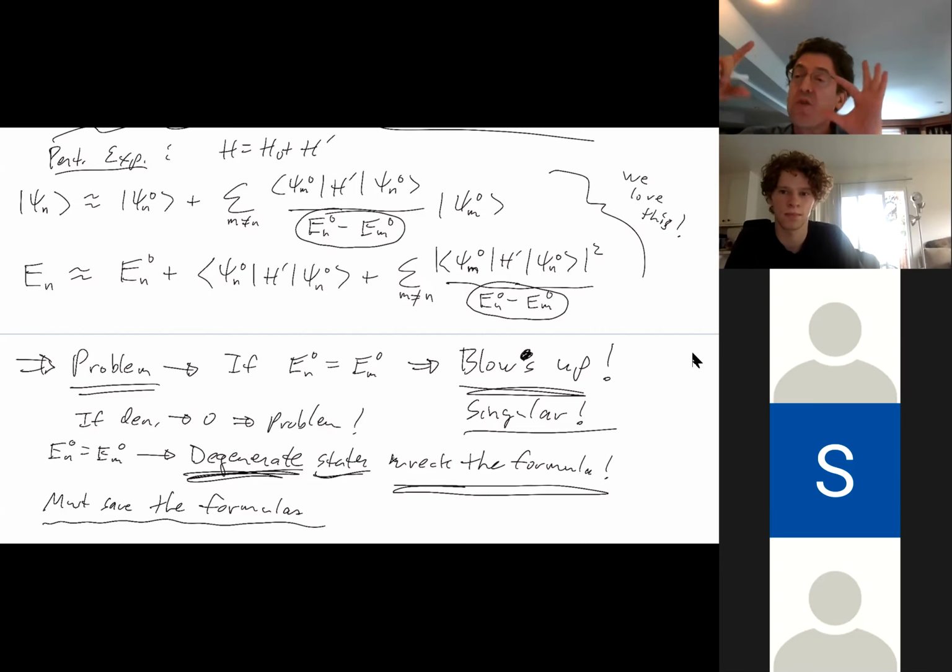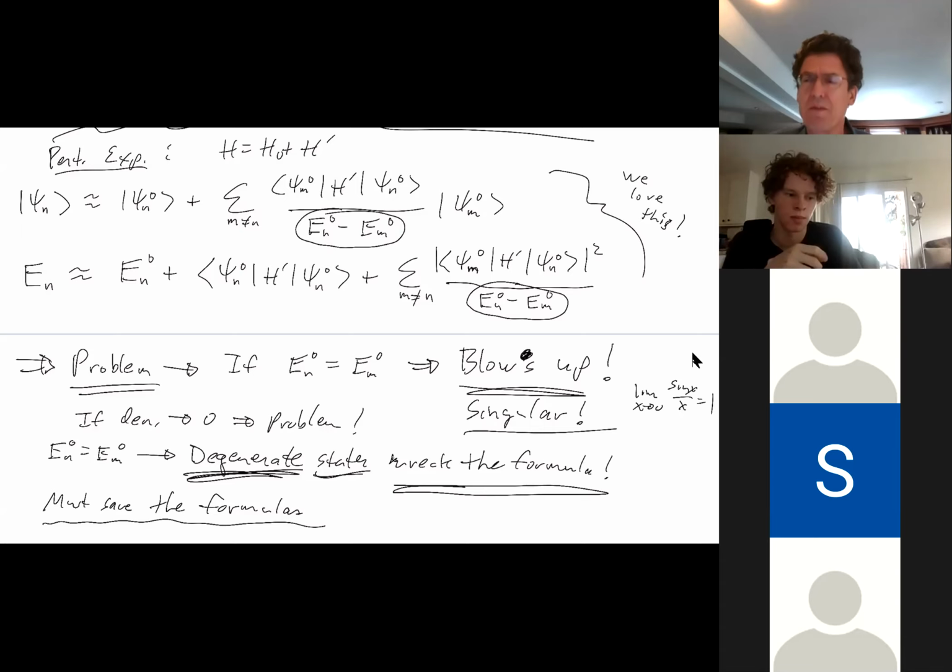Exactly. If the numerator is 0 and the denominator goes to 0, then, assuming the right conditions, the thing is not singular. It could actually limit to a nice number. You all know that. Let's look at an example. I think everybody's favorite example is the limit as x goes to 0 of sine x over x.